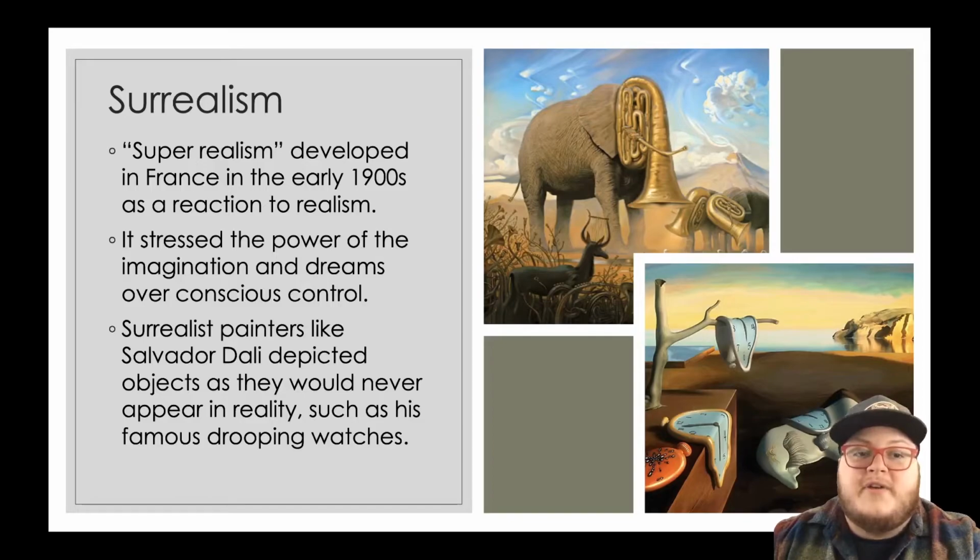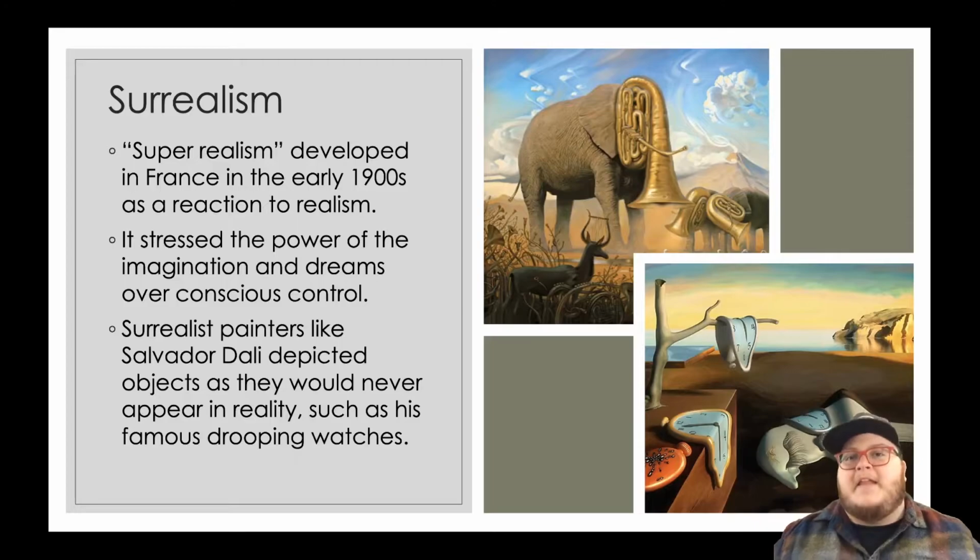This is similar and relates somewhat to surrealism, which is super realism, and also it started in the early 20th century in France, and it was the counterculture of realism in art. So because of that, it is looking at imagination, and it's having dreams over the consciousness and having control of things.